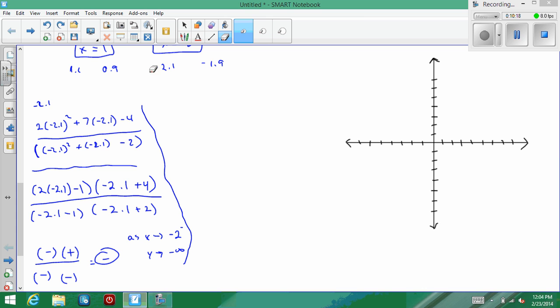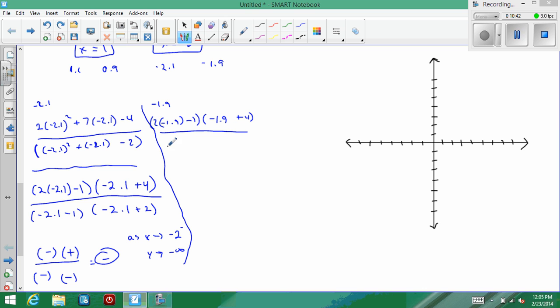So here we do, now I'm going to do negative 1.9. I'm not going to go through it quite as detailed as I did here, but I will write out starting with my factored form. So 2 times negative 1.9 minus 1, times negative 1.9 plus 4, over negative 1.9 minus 1 times negative 1.9 plus 2.